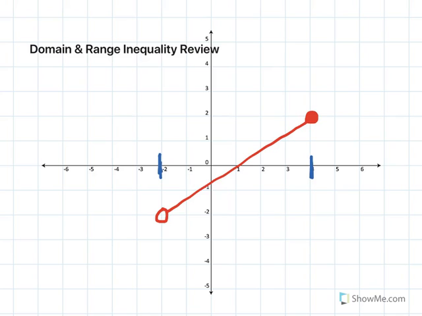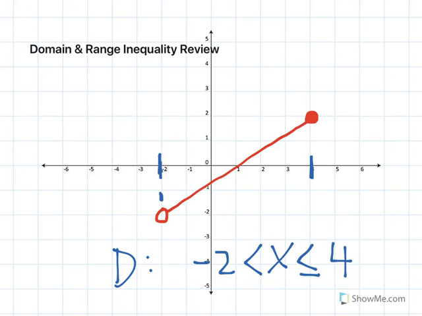But because it's an open circle, you'd write the domain x is greater than -2. It's an open circle right here, so you can't put an equal sign to it, but it's less than or equal to +4, because it's a closed circle up here. So that's the domain.